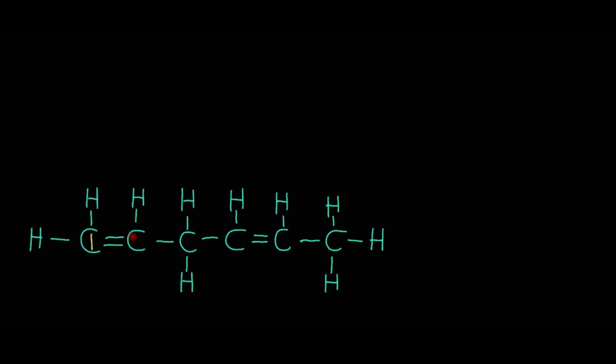This is 1, 2, 3, 4, 5, 6. The longest chain is only 6 carbons. But now let's see where we obtain the double bonds. This double bond we obtain in carbon number 1, and this one in carbon number 4. So this is 1 and 4.